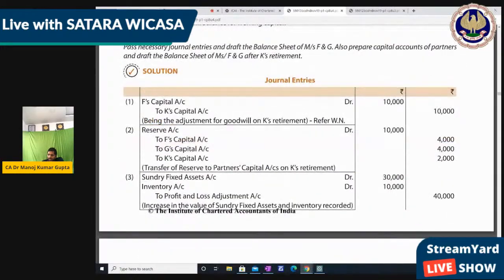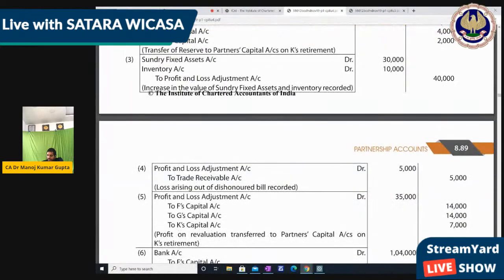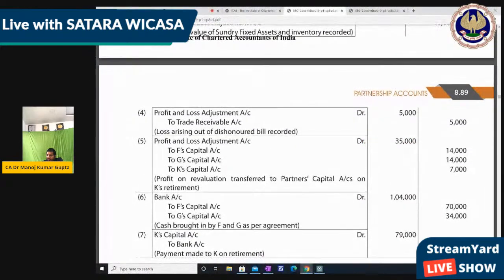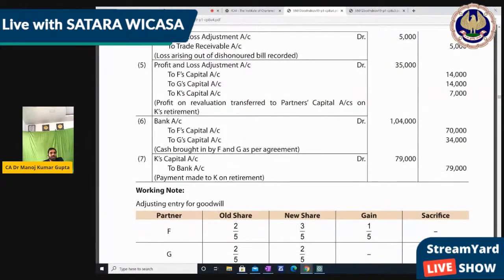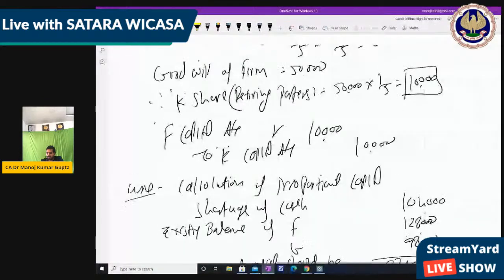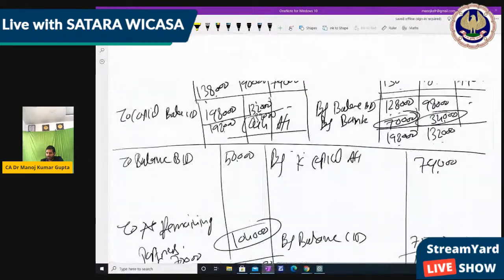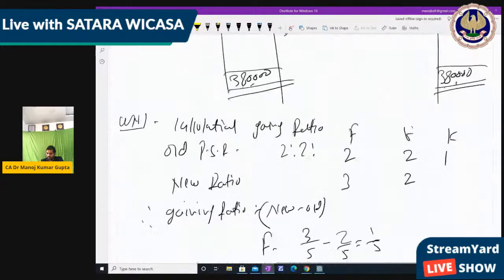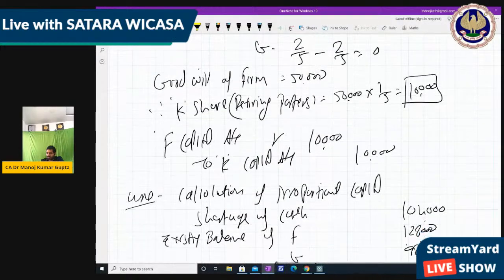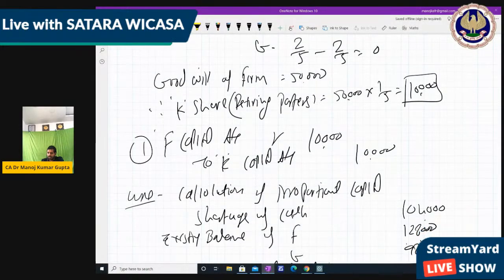Reserve, we had not passed the entry, you can pass the entry for reserve also, and for revaluation also you pass the entry, right? And whatever the bank had brought, we had not passed the entry, please pass entry for all these things. For cash we can pass the entry. So we had passed entry only for goodwill, that is F capital account debit to K capital account.